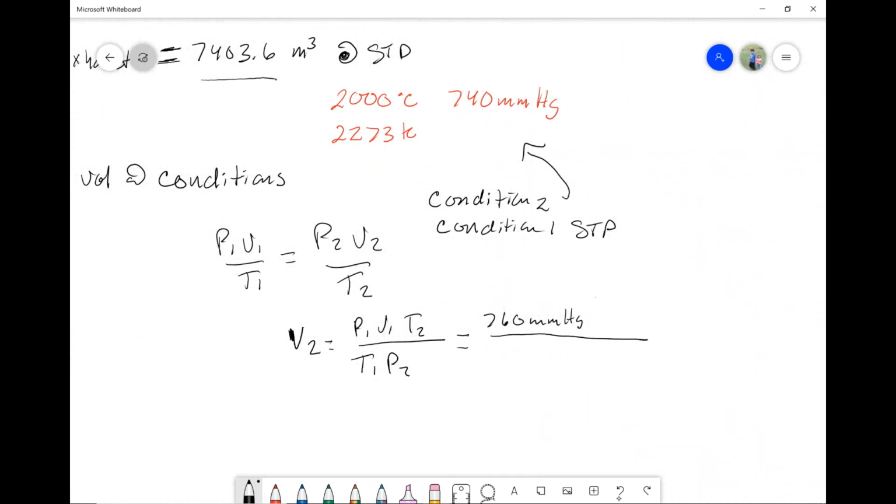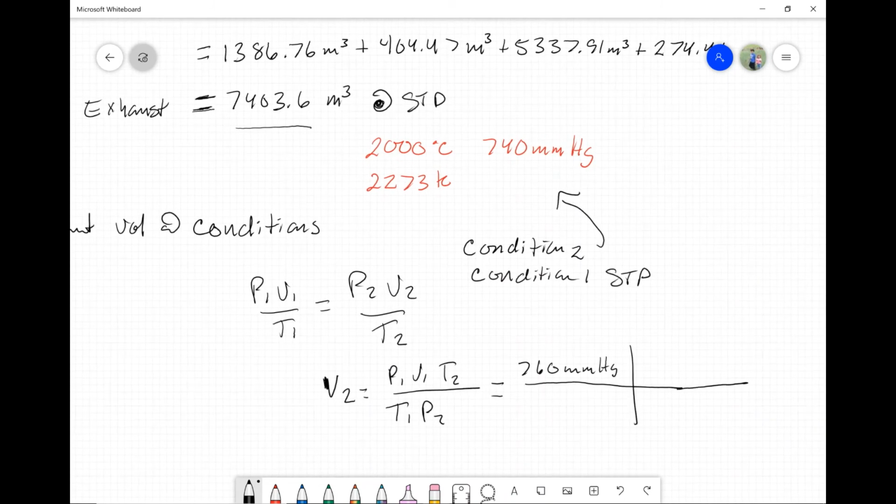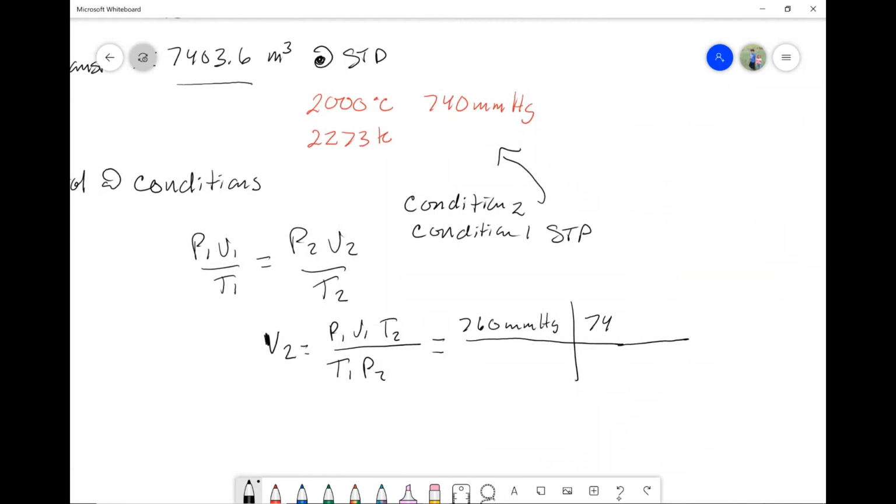It feels differently. V1 is what we solved, so 7403.6. T2 is our new temperature, so 2273 K. T1 is STP, so 273. And P2 is our new pressure, so 740 millimeters of mercury.